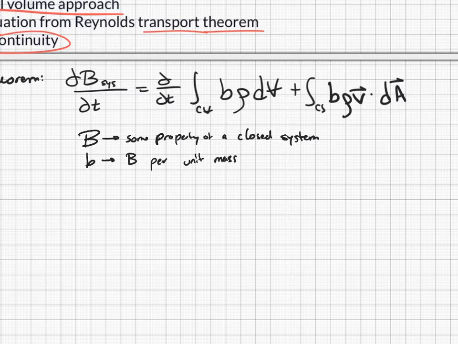All right, so I'm going to walk you through these terms one at a time. So we take this first term right here. This is the rate at which this capital B accumulates. So it can be positive or negative. It could be a negative accumulation in the system.